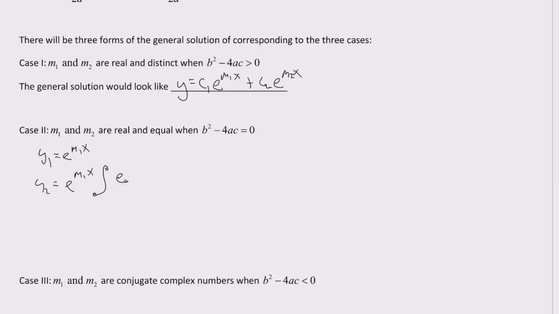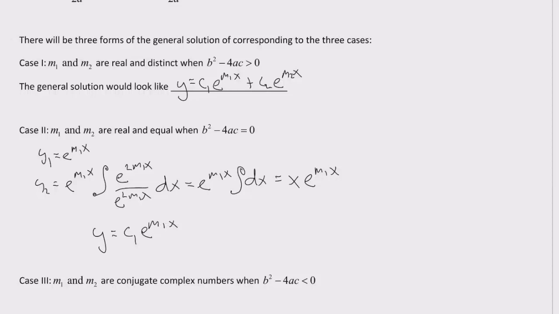That would be e^(m1 x) times the integral of e^(2m1 x) over e^(2m1 x) dx, which equals e^(m1 x) times the integral of dx, which is x e^(m1 x). So our general solution in the case where the discriminant is equal to 0 would be y = c1 e^(m1 x) + c2 x e^(m1 x).